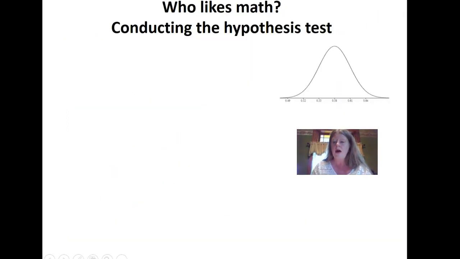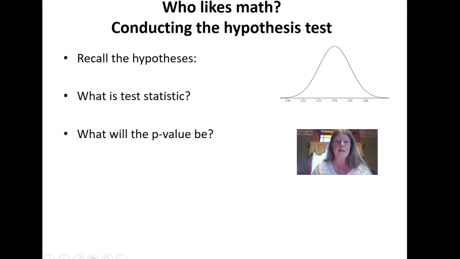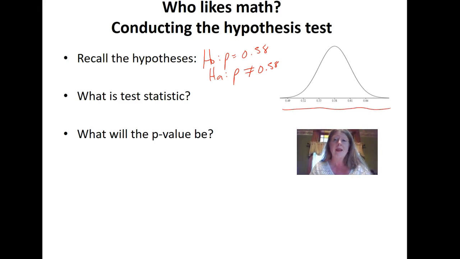Okay, so again, the steps. Our null is p equals 0.58. The alternative is that p does not equal 0.58. And what I always like to do is draw that sampling distribution. For me, it helps. I can look at that distribution and see where my sample statistic is actually falling on it.